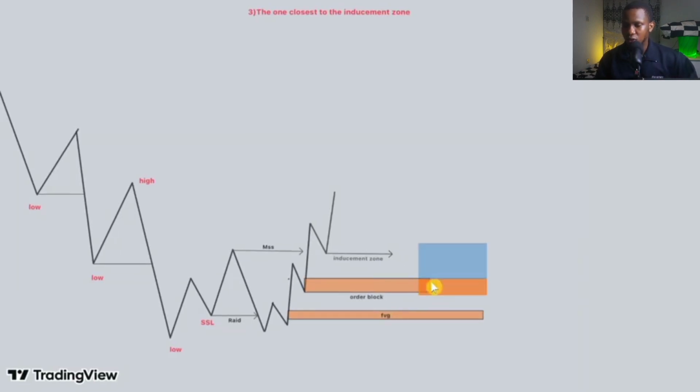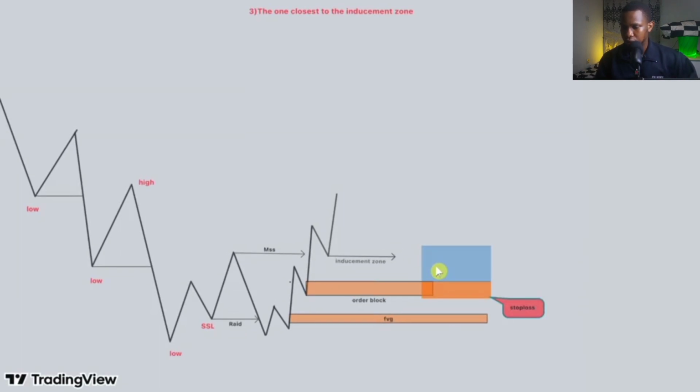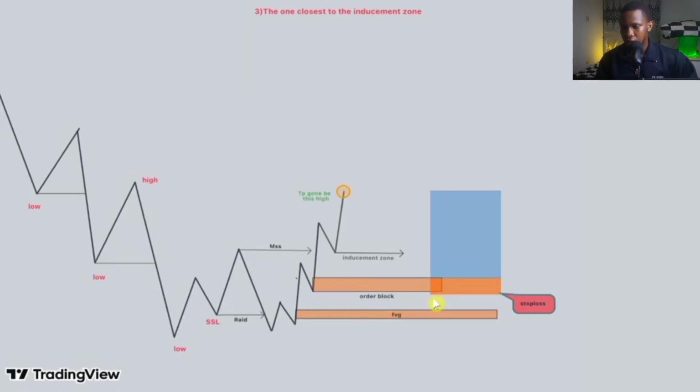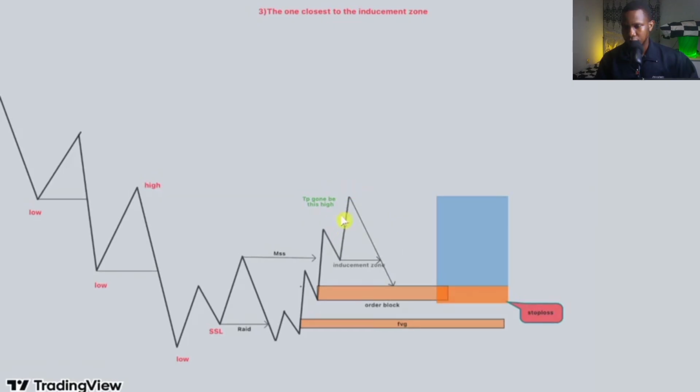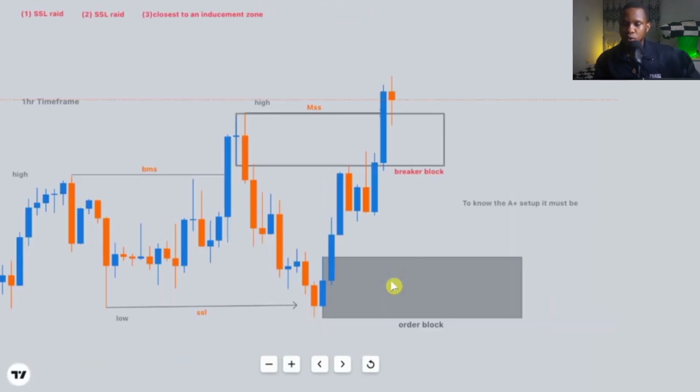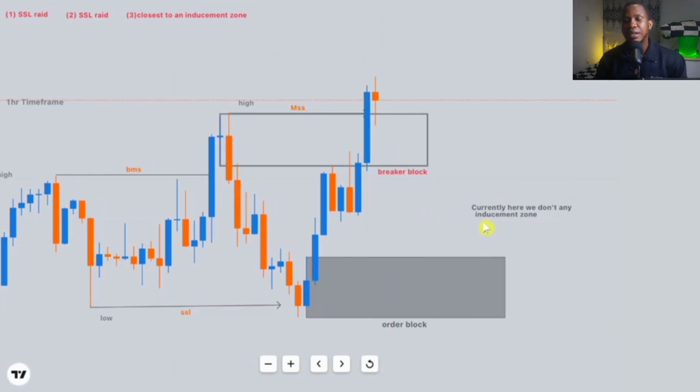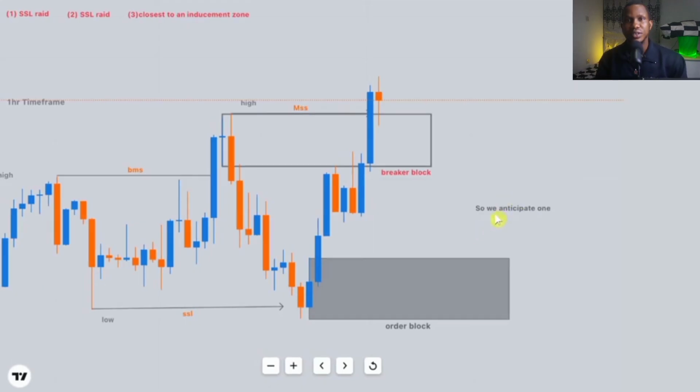That is why I can make my entry, my stop loss below here, and my take profit can be this high in the market. I want price action to return back to this here and I'll enter. So in this example, to know the A+ setup, it must have an inducement. In this setup, currently we don't have any inducements yet, so we anticipate for one.